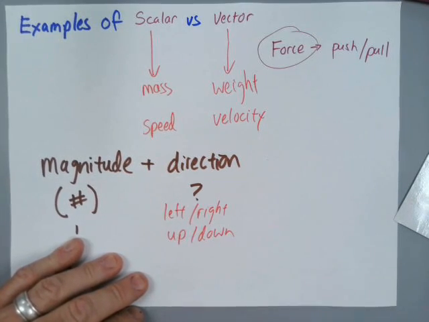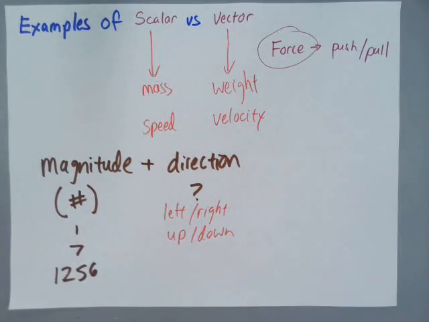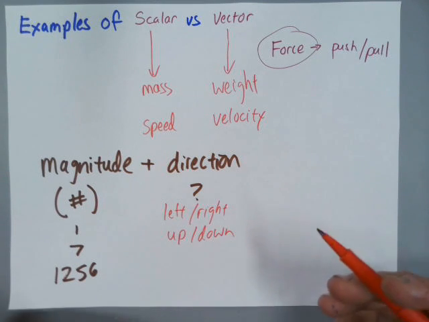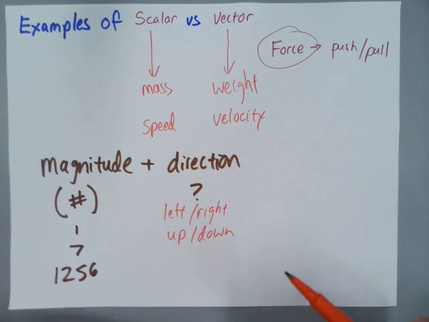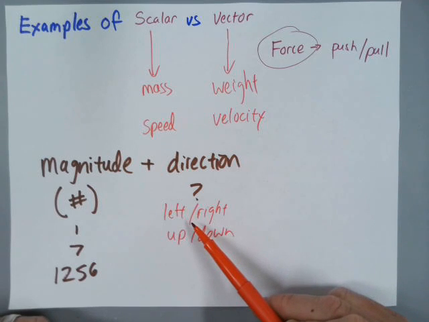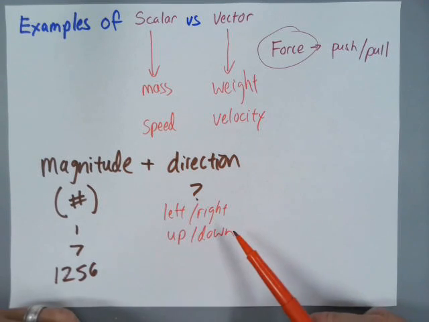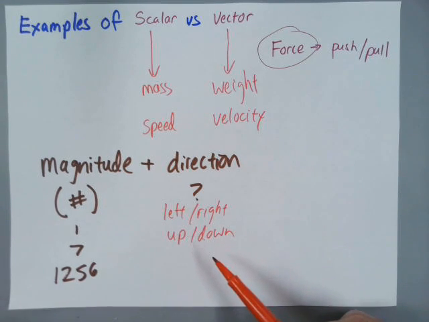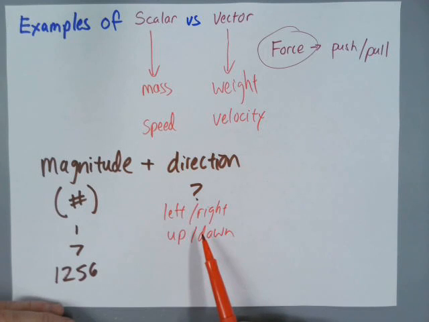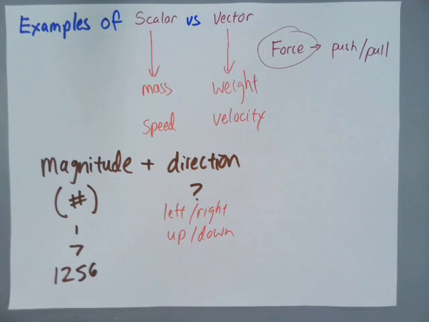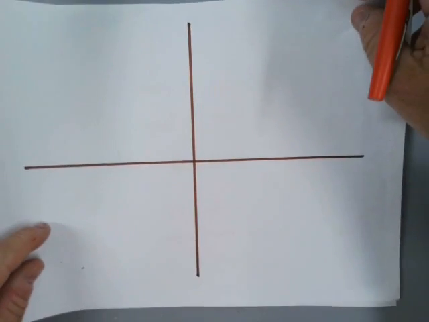You could say up and down. The problem becomes when we start to do math. How do we mathematically express left and right or up and down? If you were hanging upside down, your sense of up and down would be different than somebody who was standing straight up. Same thing with left and right. So we need a better way to describe direction. It's not bad, but we can't do math with it.